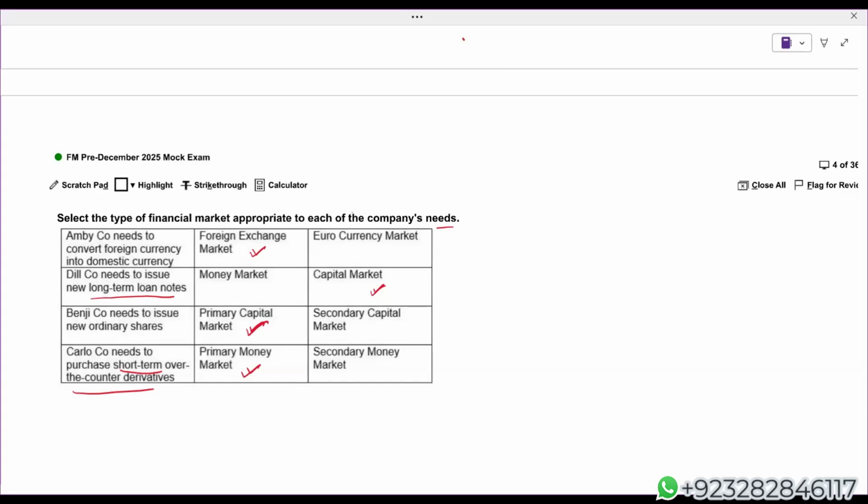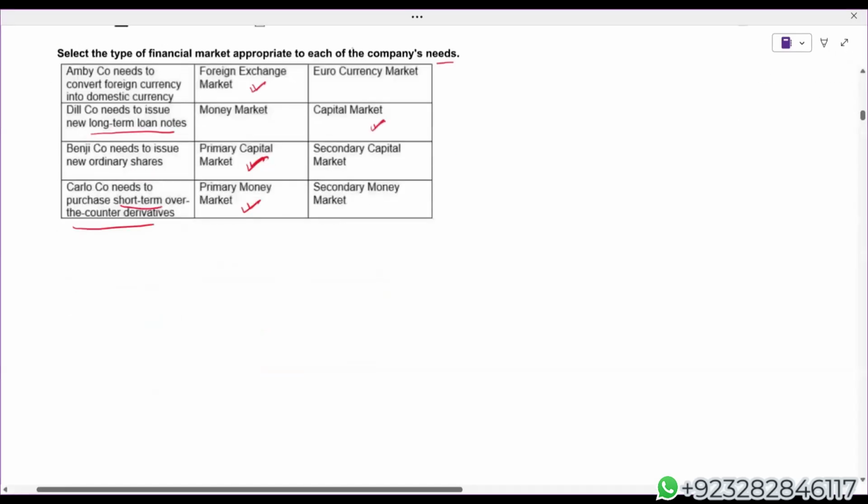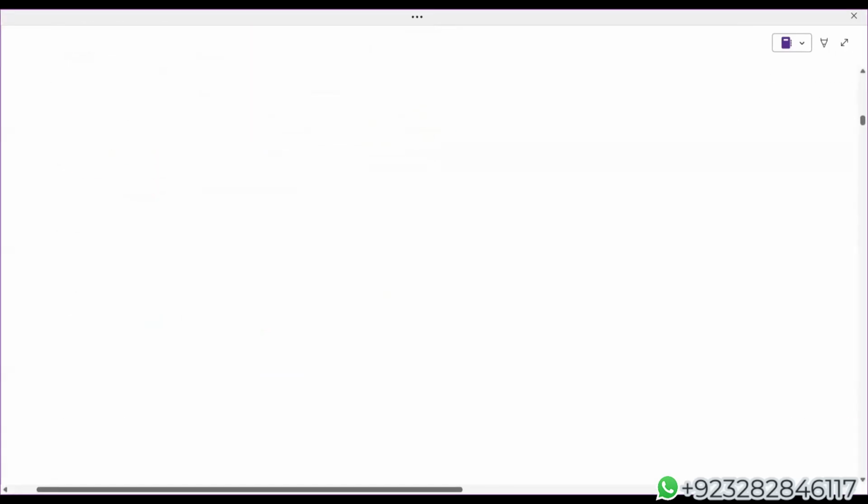OTC means over-the-counter derivatives, which are available from banks. So for Carlo, the relevant market is the primary money market. I consider this a good question.